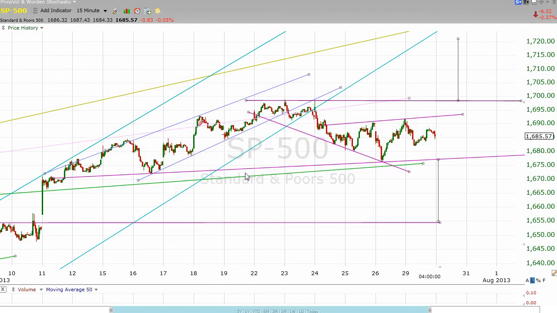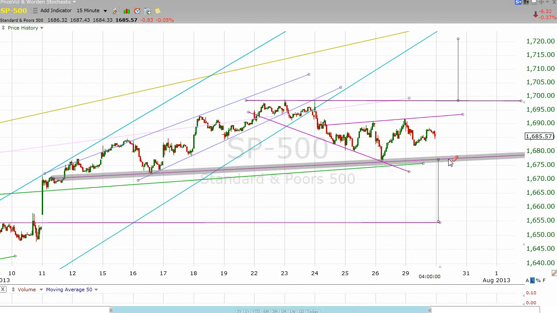And it could be that, well, I was going to say it could be that none of these end up being the case, but I really don't believe that, because we have trigger points: a potential neckline here, and a potential neckline here. Both of these are bullish. And then we have a potential neckline here, which is bearish.